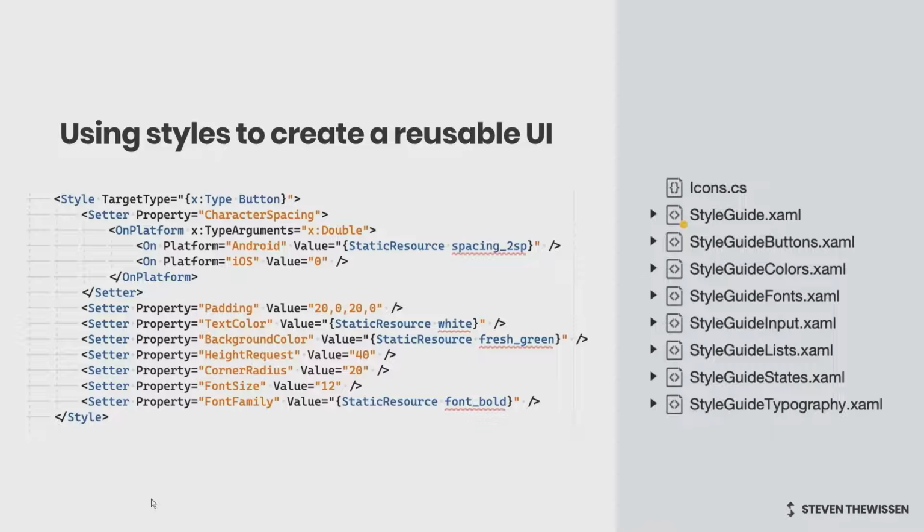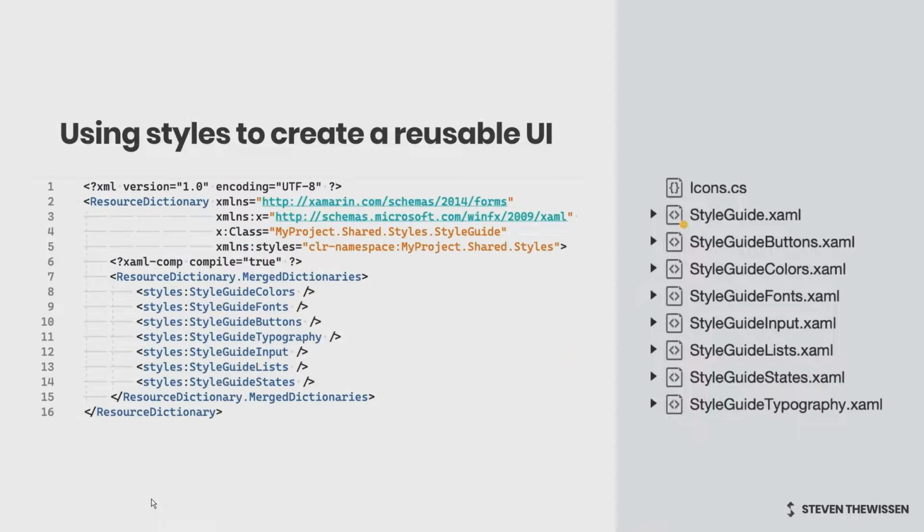What I usually tend to do is split all that up into different files: all my buttons, all my colors, all my different typographies, so headers and body text, and all my icons as well, each in a separate file, and then merge those all together into one big dictionary. Everything comes together at this point, and that's your style guide.